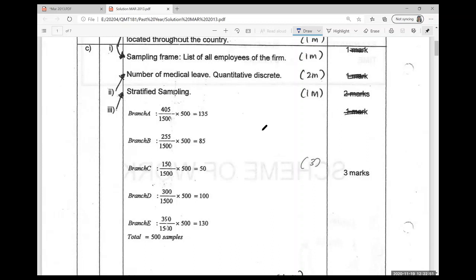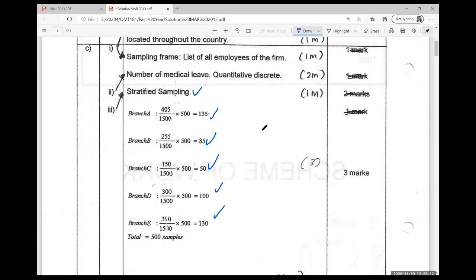And then the sampling technique will be stratified sampling. For branch A, you calculate and you get 135. Then for branches B, C, D, and E, using the same process, you get respectively 85, 50, 100, and 130.